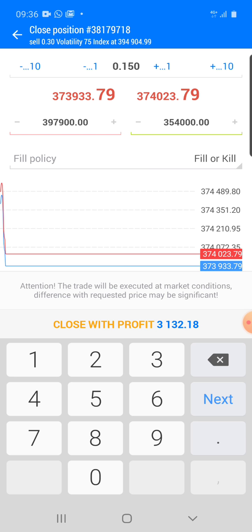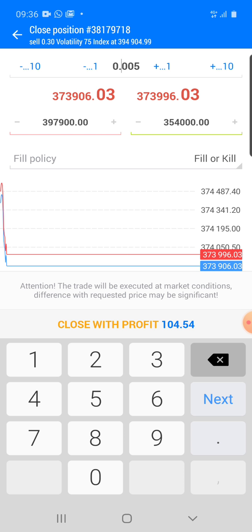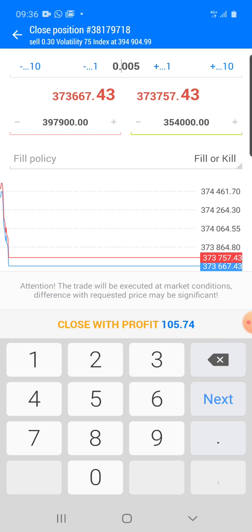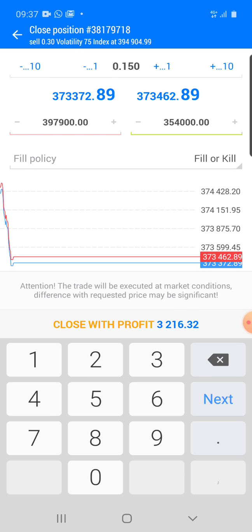You see, I'm going to close 3132 instead of if I had closed everything. So I'll just change this to 0.150 and close half of the position in profit to recoup all those previous losses that were made. That's one way to exit.